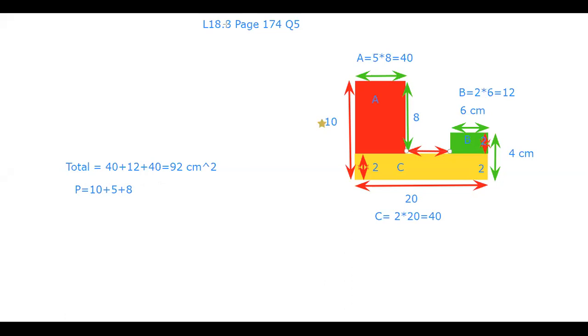Yes. Zaid, what is the missing side? 9. How did you know? I added 5 and 6, and 20 minus 5 plus 6, which is 20 minus 11. Excellent job. Thank you very much, Zaid.